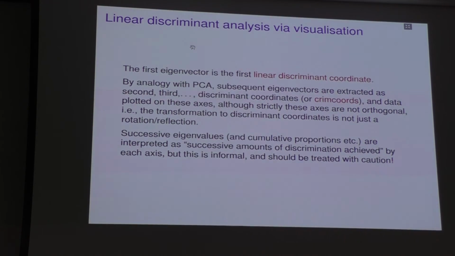We can't really interpret them statistically. You could try to do it by analogy as successive amounts of discrimination, but since things aren't orthogonal, it's not really reasonable. So you have to be rather careful if you do try and interpret things that way.